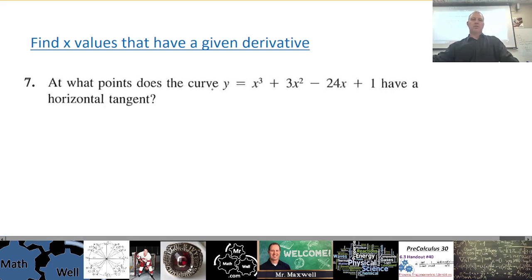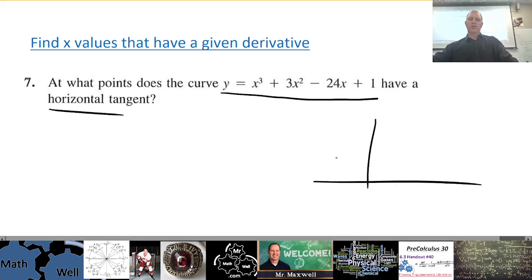So at what points does the curve, this graph, have a horizontal tangent? It's a cube function, so it could be something like this. Actually, it's going to be the other way. It doesn't matter what it is, but there's possibly two points on the graph where we could have a horizontal tangent.